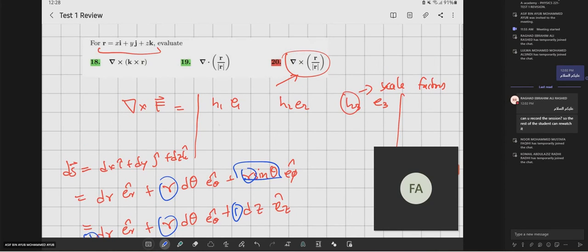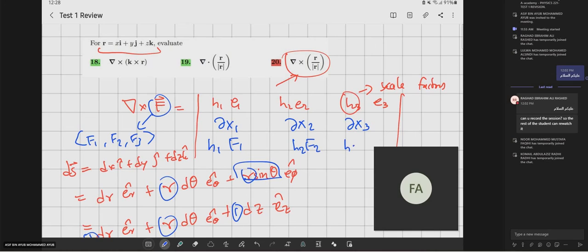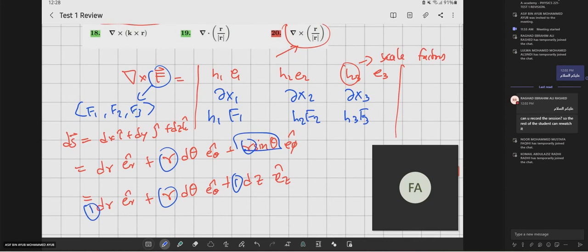Okay, so basically you had partial x1, partial x2, partial x3, and again h1 f1, where f1 is the component of f, f1, f2, f3, h2 f2, and h3 f3. This is a reminder of the curl in an orthogonal coordinate system.